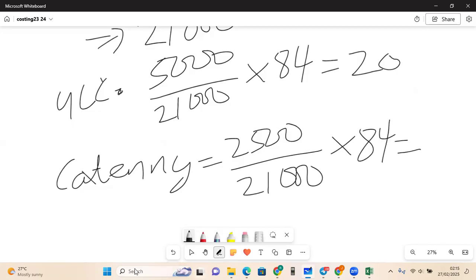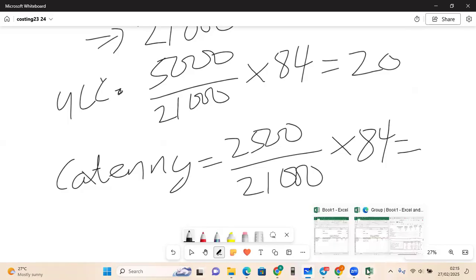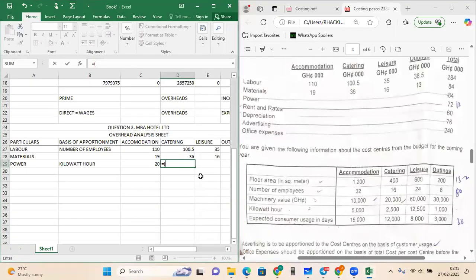That's the same. That's what you're going to do. Hatred. So equal to 2,500 divided by 2,100 times. Do the same thing for the next one.